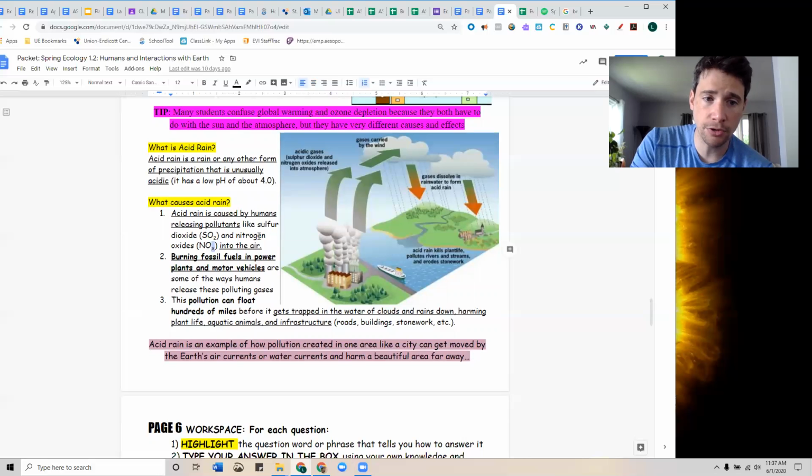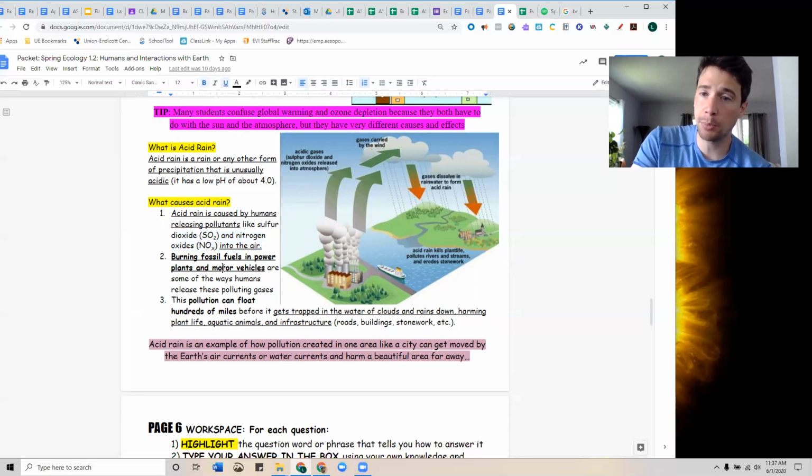So nitrogen oxides and sulfur oxides get into the air, and they make the cloud more acidic. Burning fossil fuels in power plants and motor vehicles, cars, buses, that kind of stuff, are some of the ways that we release these pollutants into the air.